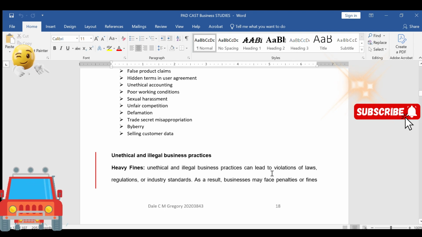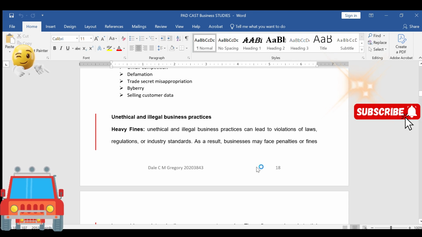Unethical and illegal business practice, as defined.